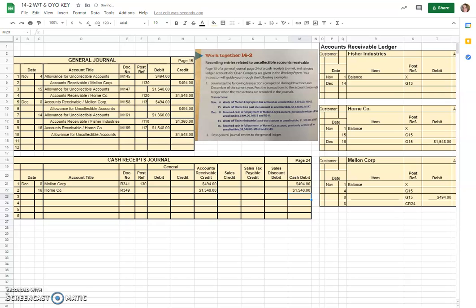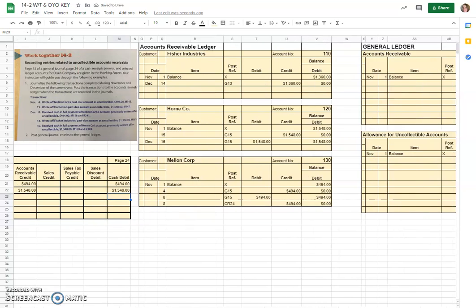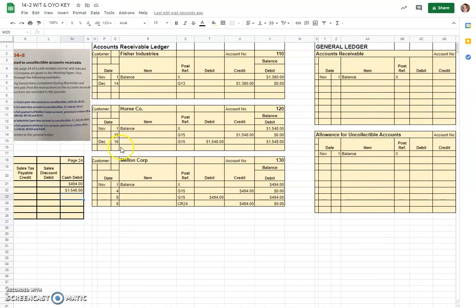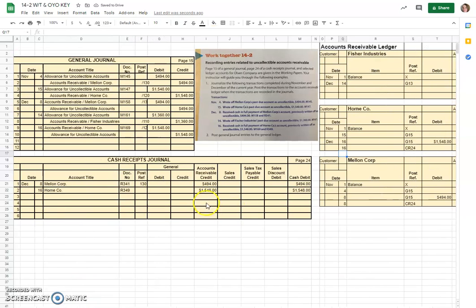And we will go ahead and post that to Horn Company on the 16th. This was cash receipts journal, page 24, and a credit of 1548, zero balance left, and posted to account number 120.